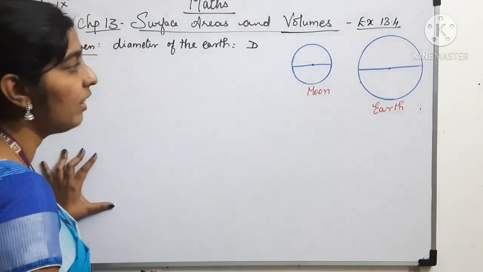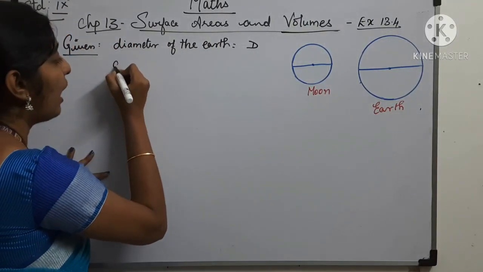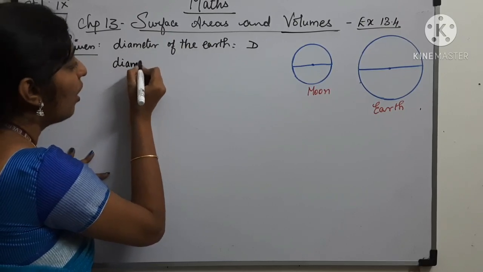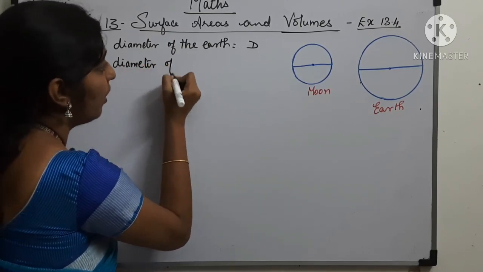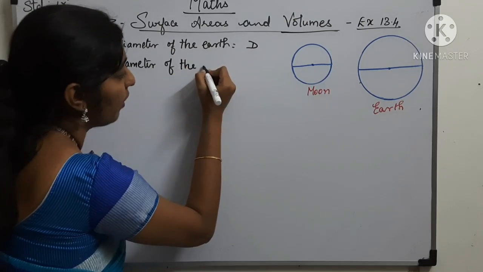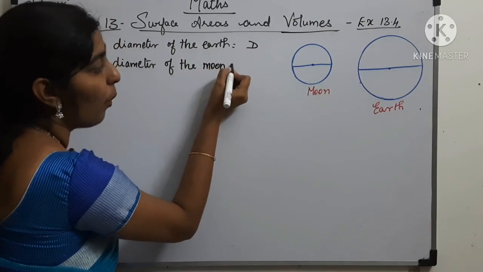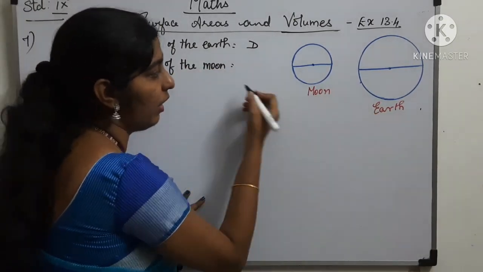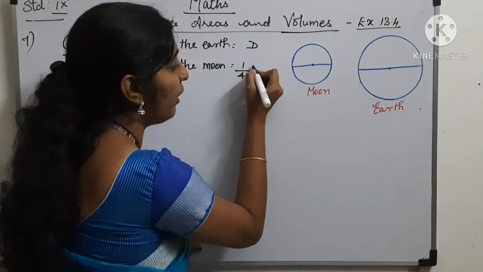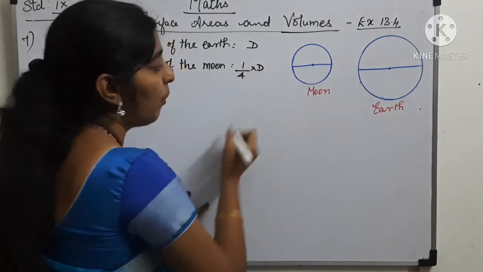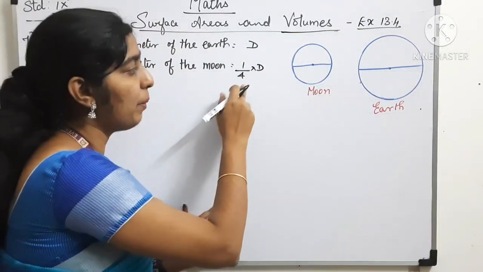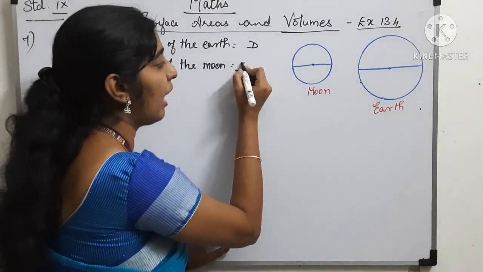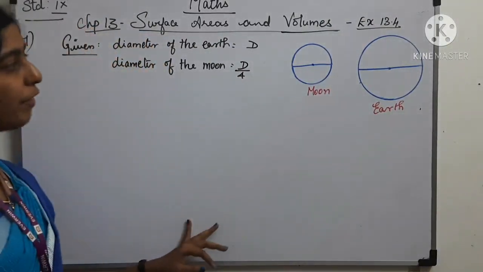Diameter of the earth is d. Now diameter of the moon is 1/4 of the earth. So 1/4 into d. 1/4 into d will give you d by 4. That is the diameter.